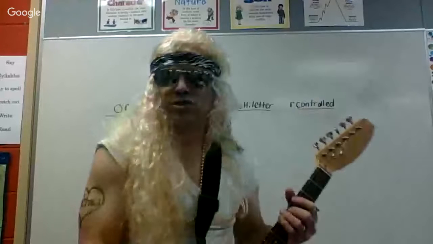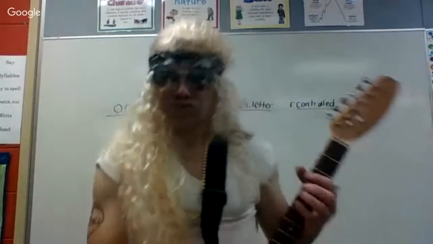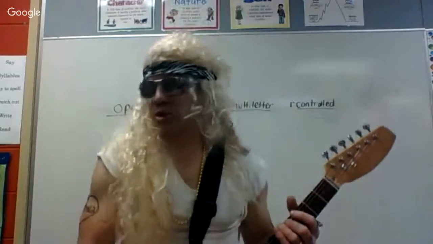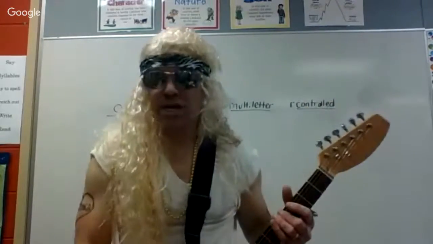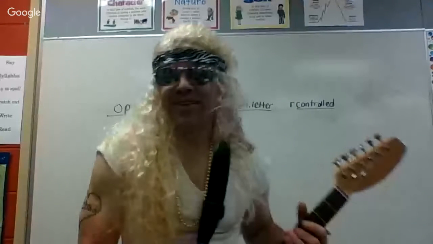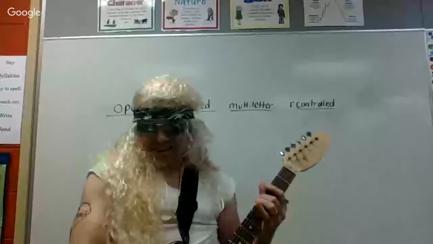When your chin comes down and it's open, the vowel says its name, just like A, E, I, O and U. But when it's closed, the vowel makes your mouth smile, just like I and O. With multi-letter or R control, you don't split them. They stick together.